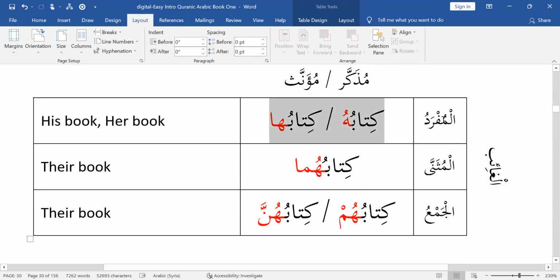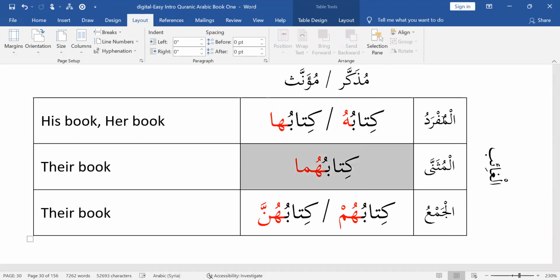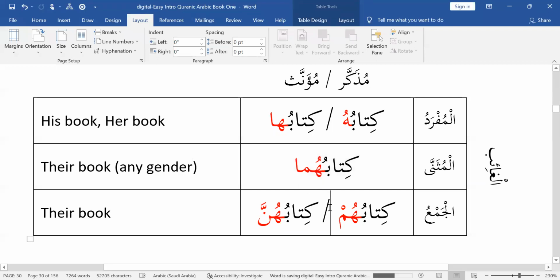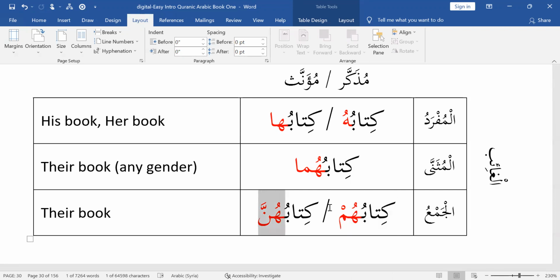And finally, for the al-ghaib, which is the third person, al-ghaib is absent. His book, kitabuhu. Her book, kitabuha. Their book, for the dual, kitabuhuma. Any gender. And their book, kitabuhum, for 3 or more boys. Kitabuhunna is 3 or more girls.